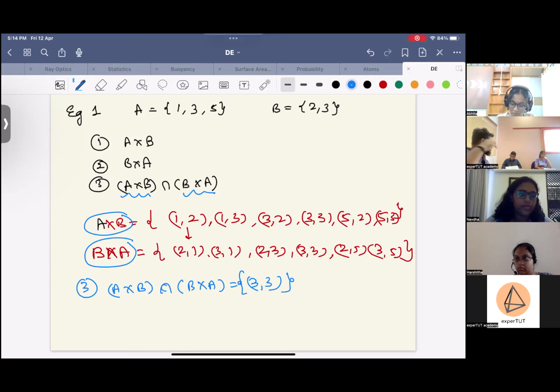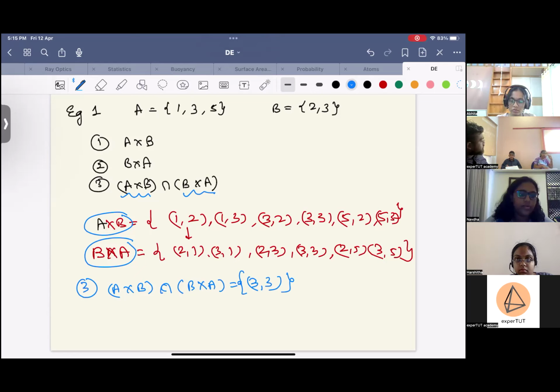If I'm doing wrong, please point out. 5 comma 3 is in the first one, and in the next it is 3 comma 5. Write them on your own. So tell me which element is common.